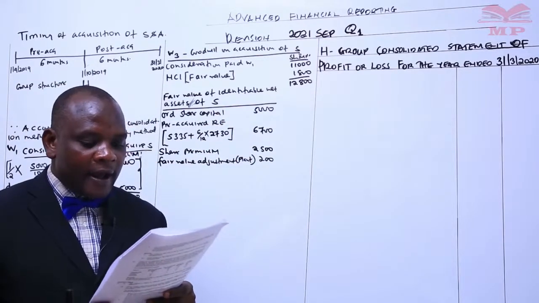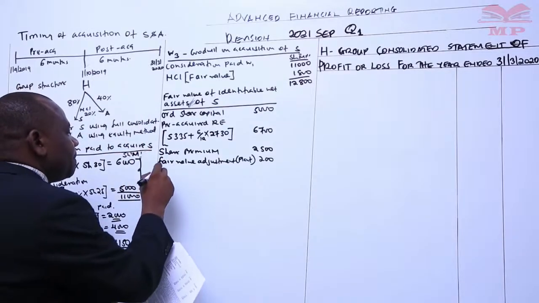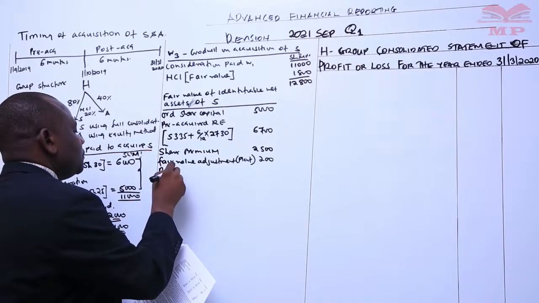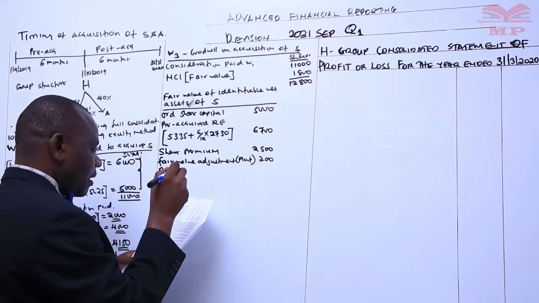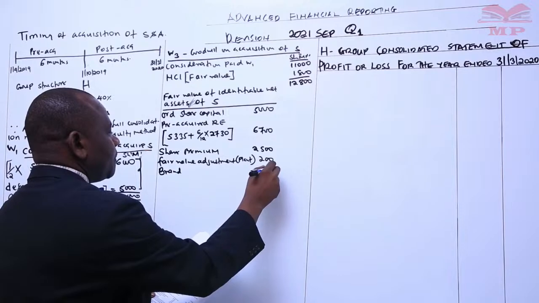And then in addition, at the date of acquisition, S had an internally generated brand which the directors of H believed to have a fair value of 300 million. The brand had an estimated useful life of 6 years. So again, there is a brand being introduced at the date of acquisition, brand of S, that is 300.